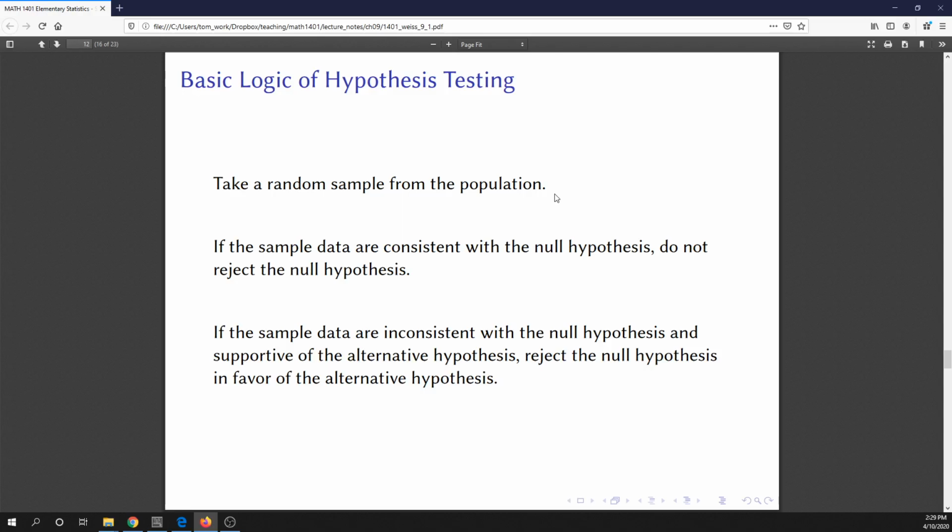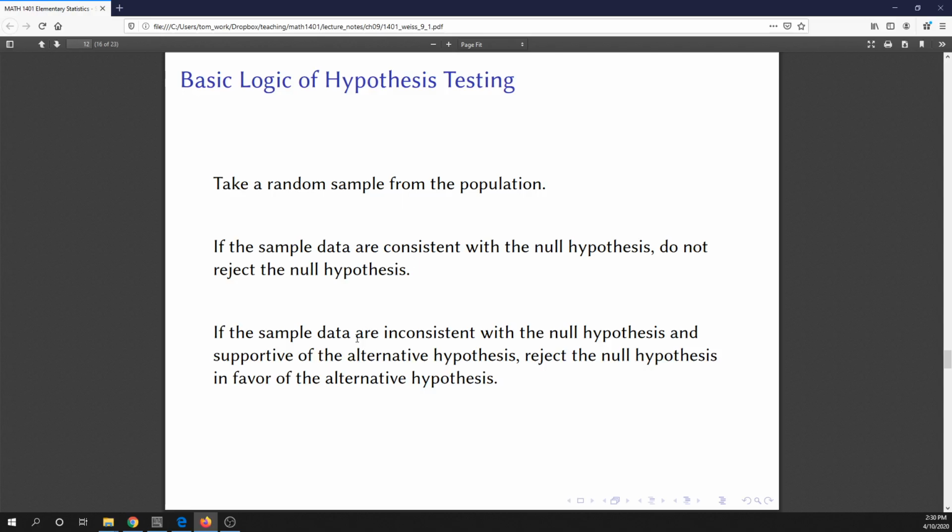You do those calculations, you get some numbers, and based on those numbers, we see how consistent the sample data is with the null hypothesis.